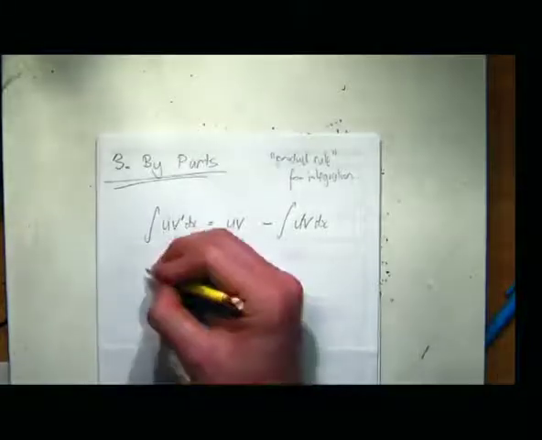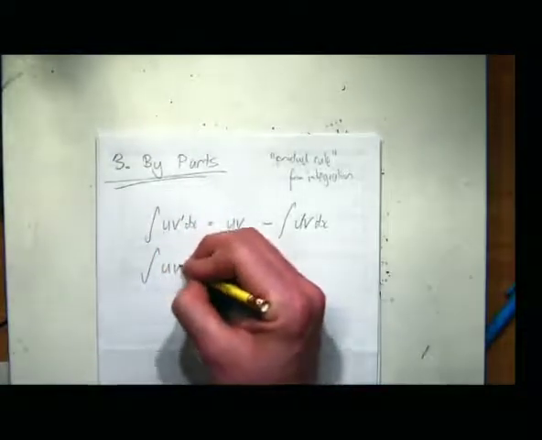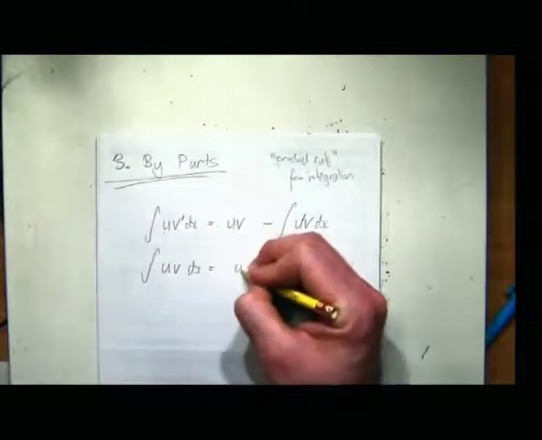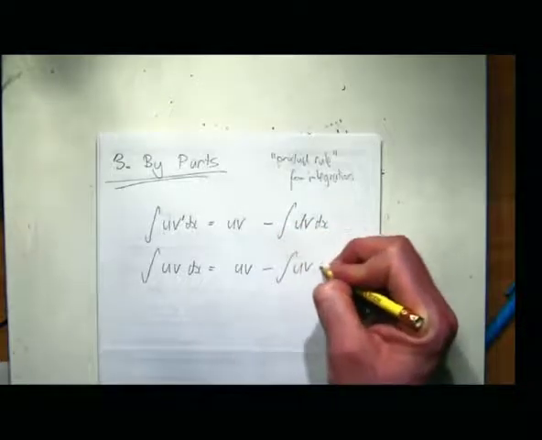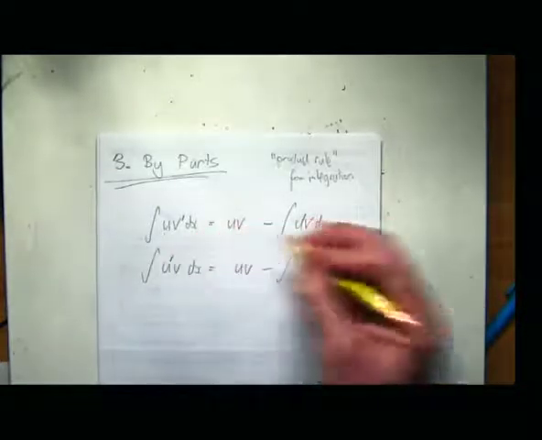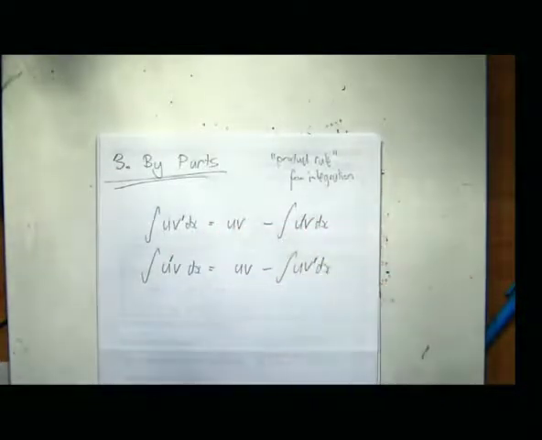It could just as easily be this. The dash could be on the u and the v on the other side. As long as one of them has a dash on one side and the other one has a dash on the other side, it'll work.